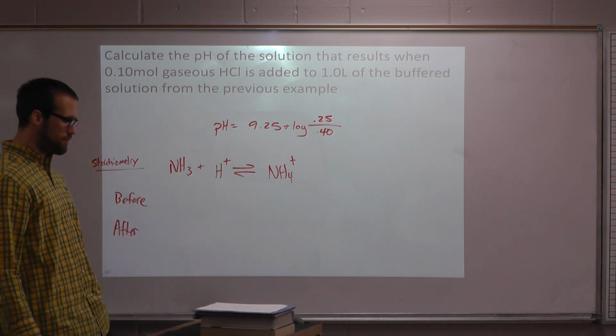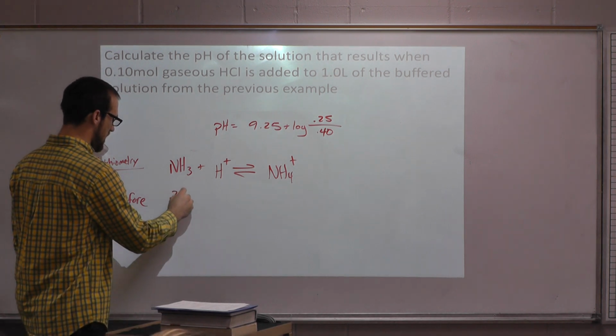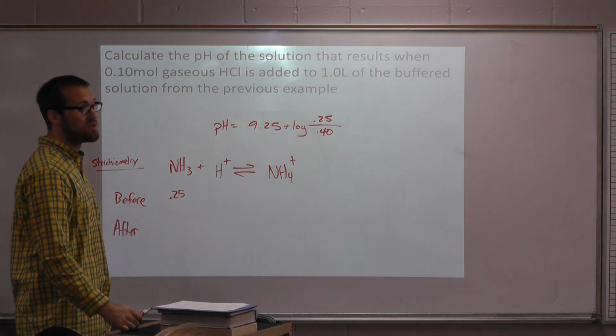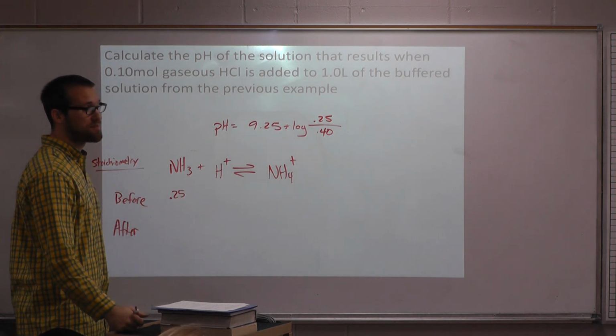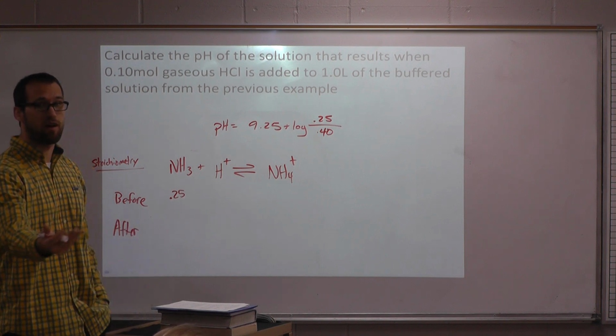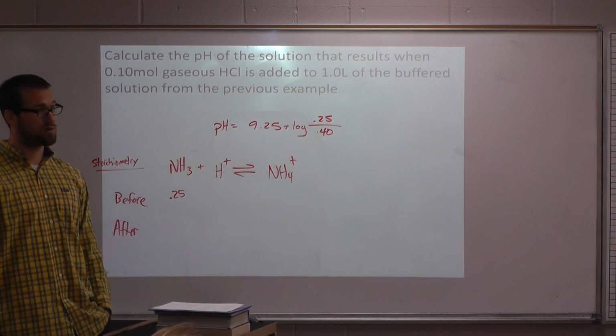Okay? What was the before concentrations of this stuff? 0.25. Now, we should have it in moles. Be careful, because we're going to get to some problems later on where they'll give you different volumes and you'll have to figure out moles, because we cannot just take the molarity and always assume that it's the same moles.